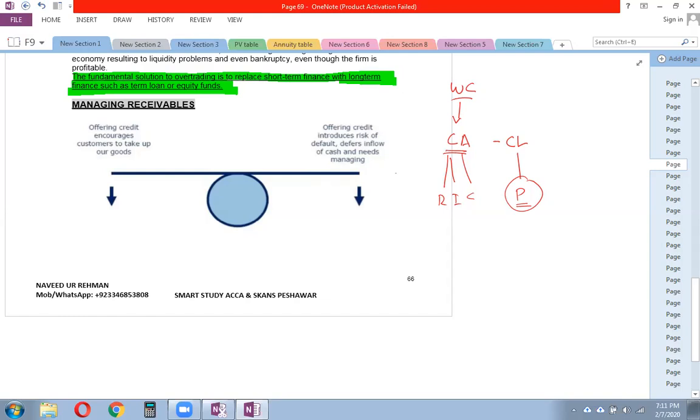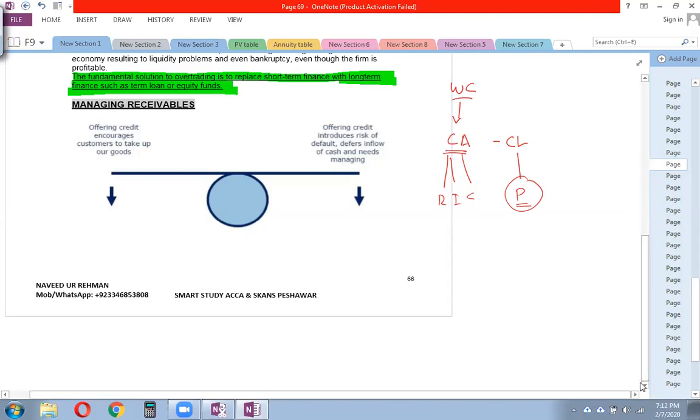That means if receivables are increasing, your sales will be increasing, your profits will be increasing. But on the other hand, if receivables are too high, then you'll have the risk of, number one, bad debt. Some of the customers will never pay you back. Some of the customers will pay you late. You'll be short of cash, and for that, you will need to take money.